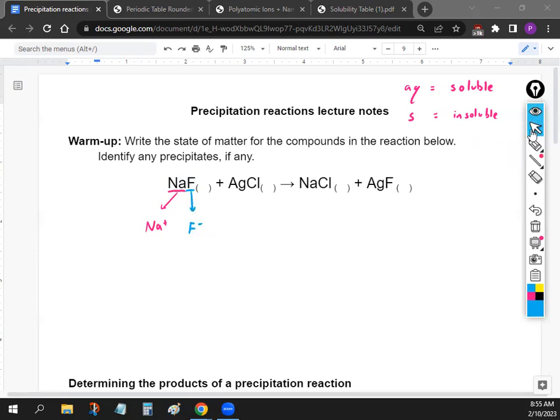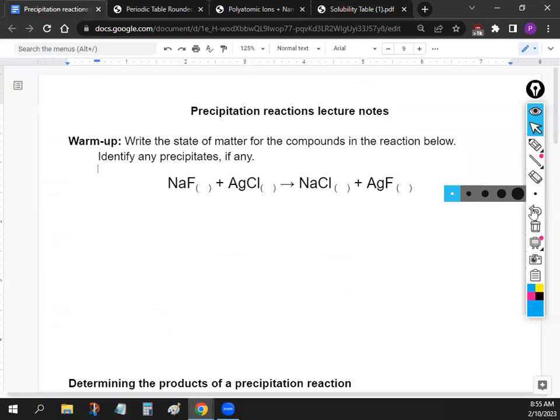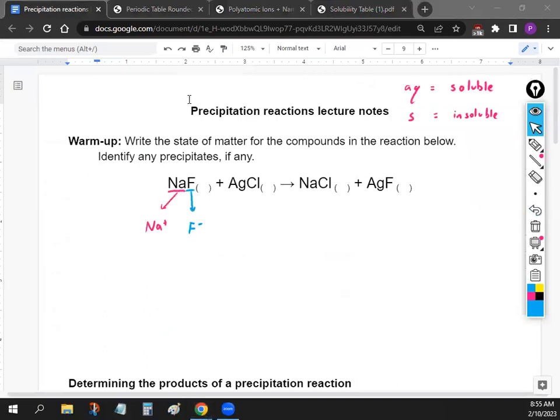So all we need to do is identify the cation, the positive one, and the anion, the negative one, and then just line them up on the table. So we've got Na and F. We'll go to the solubility table, find Na right here, and line it up with F. It looks like it's soluble. So what should we put in the parentheses right here? Yeah, AQ. Super easy. And that's it.